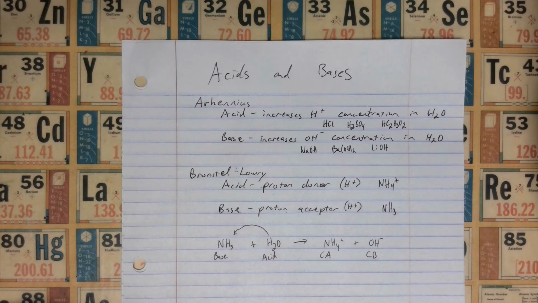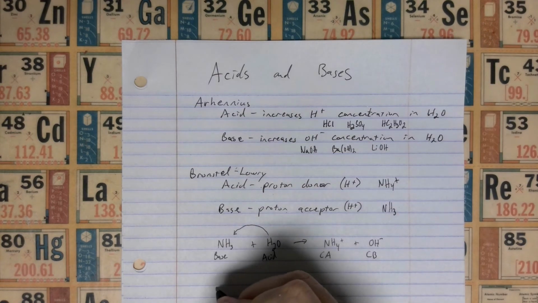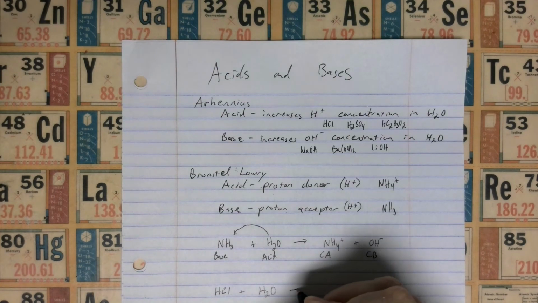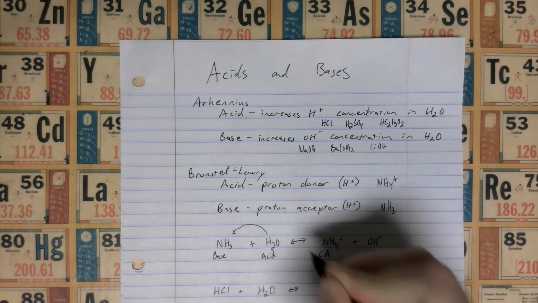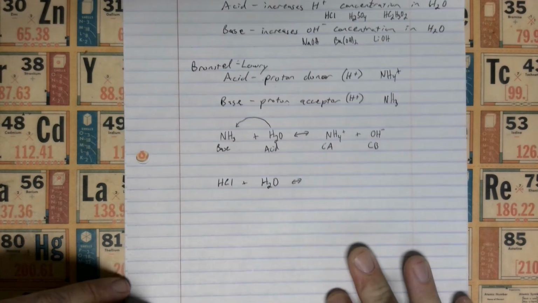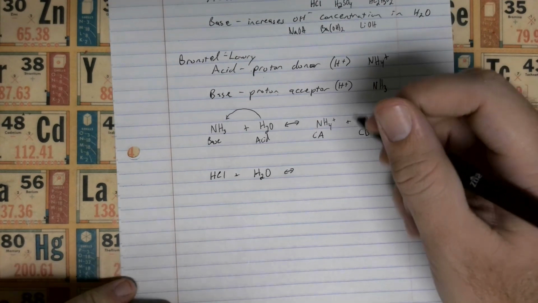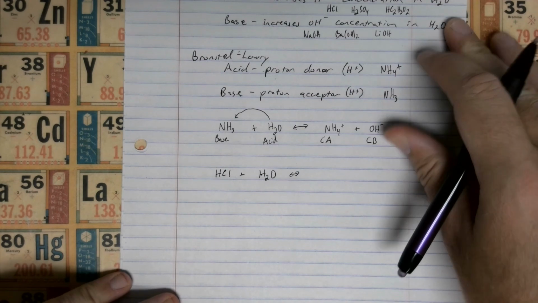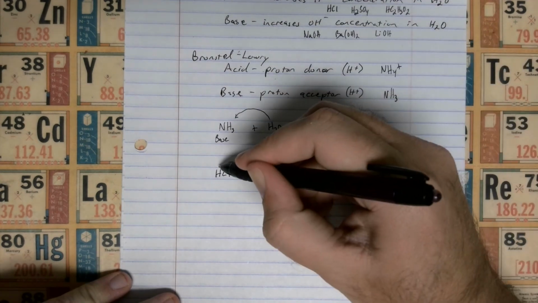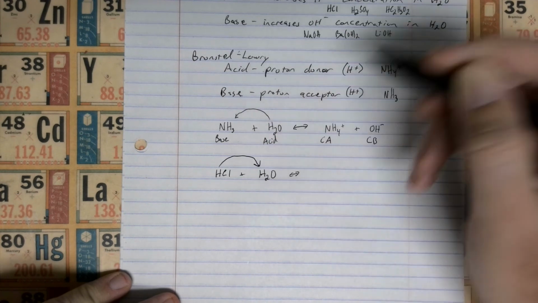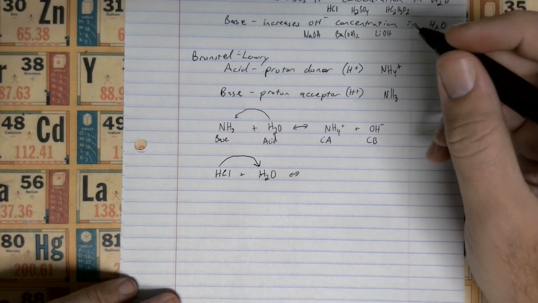So what about if we have something like HCl plus H2O? These would be in equilibrium, so I should be putting a double-headed arrow here. What's going to happen? I already know that this is hydrochloric acid, so it's probably going to give its proton to water.